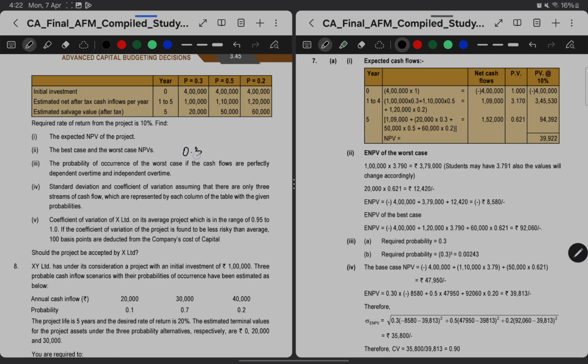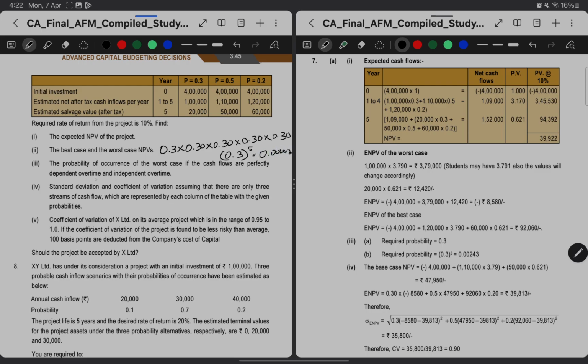If the cash flows are perfectly dependent over time, then the probability will be 0.3 itself. It will remain 0.3 for all the 5 years. But if it is independent over time, then we will not be able to definitely say it is 0.3, so we have to multiply it for all the years. So it will be 0.3 into 0.3 into 0.3 into 0.3 into 0.3 for 5 years, that is 0.3 to the power 5, which comes to 0.00243.